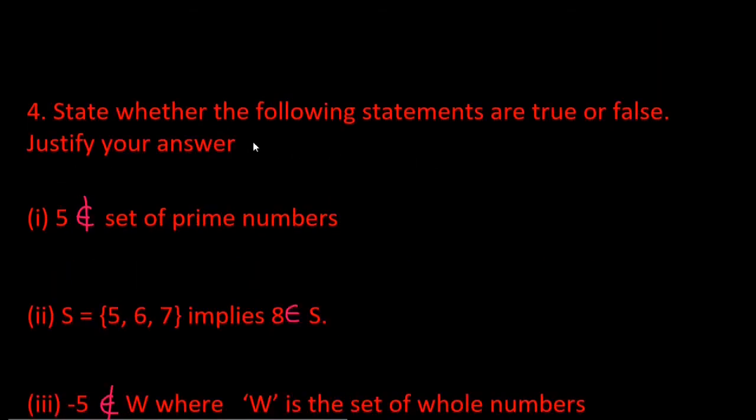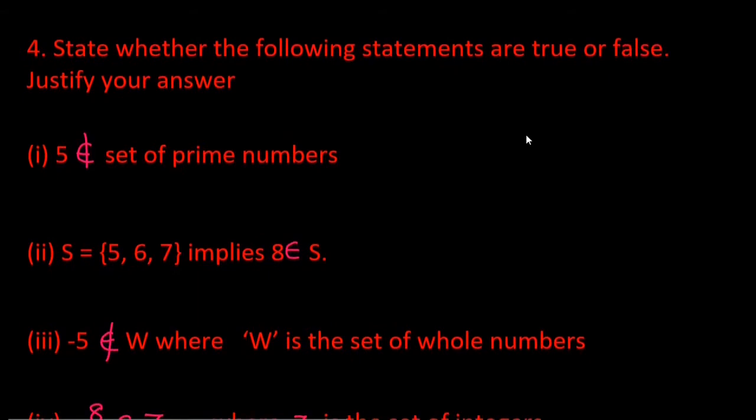Now state whether the following statements are true or false. Justify your answer. 5 does not belong to the set of prime numbers. So what are prime numbers? 2, 3, 5, 7, like this.